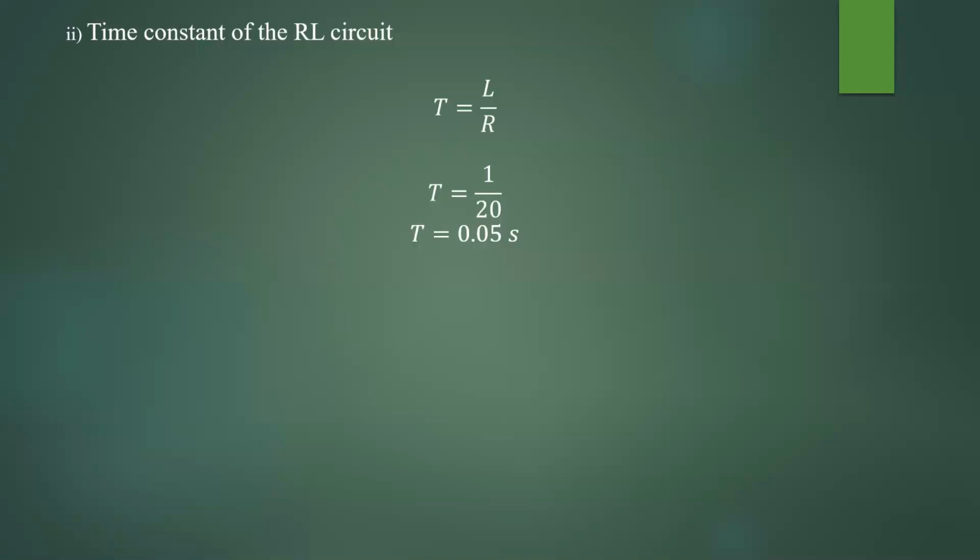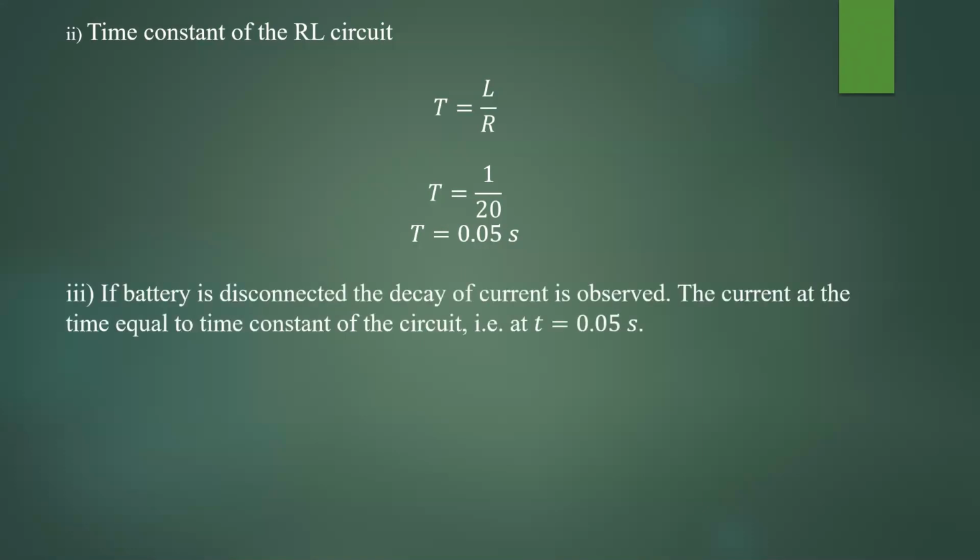What is the formula for I? If the battery is disconnected, the decay of current is observed. Then the current at the time equal to the time constant of the circuit. What is the time constant of the circuit? You have just calculated, that is 0.05 second.